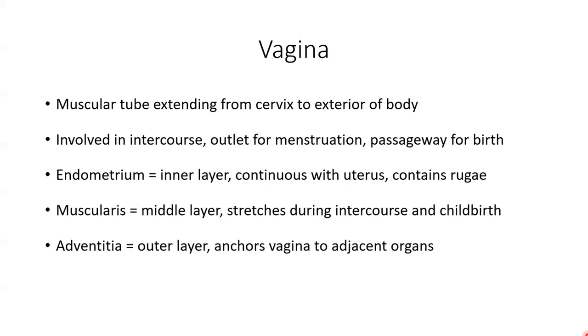The inner mucosa, which is continuous with that of the uterus, contains rugae to allow for extension or expansion. The middle muscularis layer is also designed to stretch during both intercourse and childbirth. And the adventitia is the outer layer, which anchors the vagina to adjacent organs.